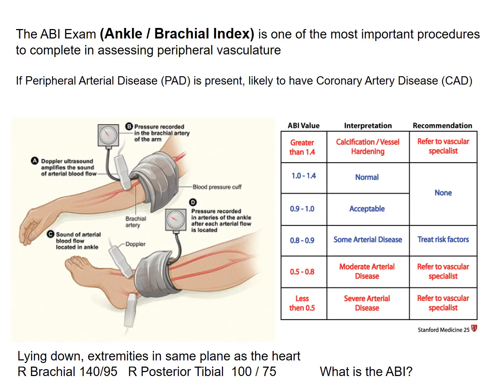So ideally, we want our ABI ratio to be as close to 1 as we can. We start seeing a risk of vascular insufficiency at ratios less than 0.8, and it's really problematic when the ratio is less than 0.5, all right? So ABI, ankle brachial index.